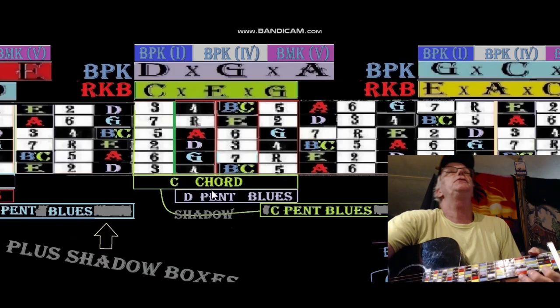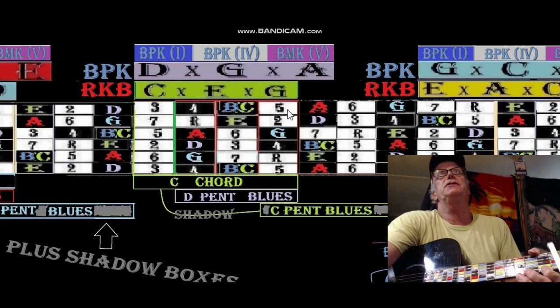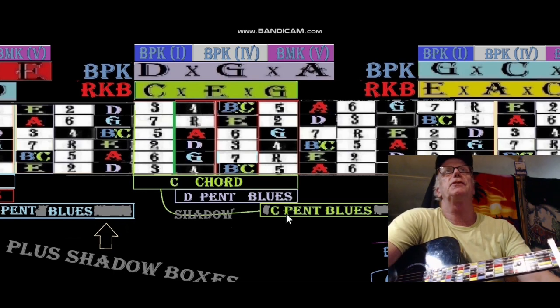See how the blues now falls on the D string shape there in the D box.